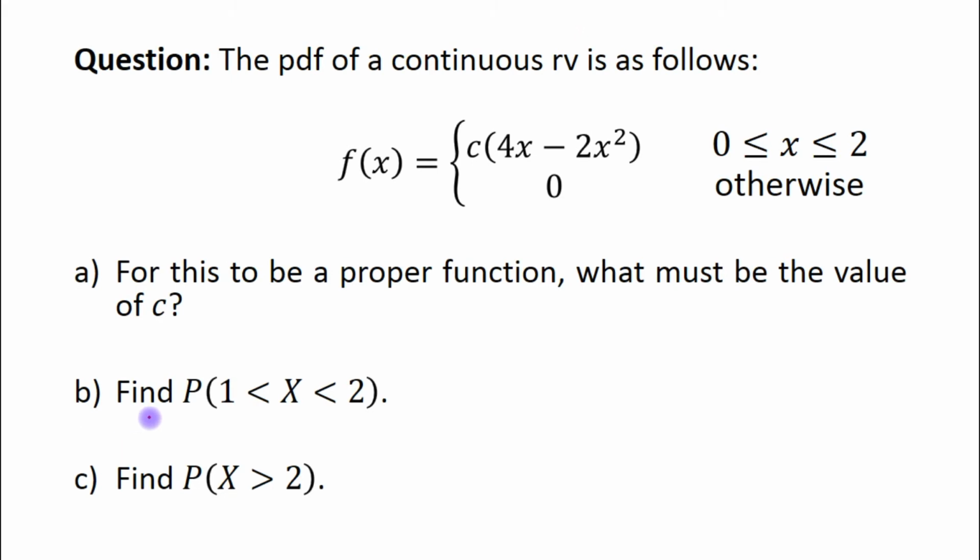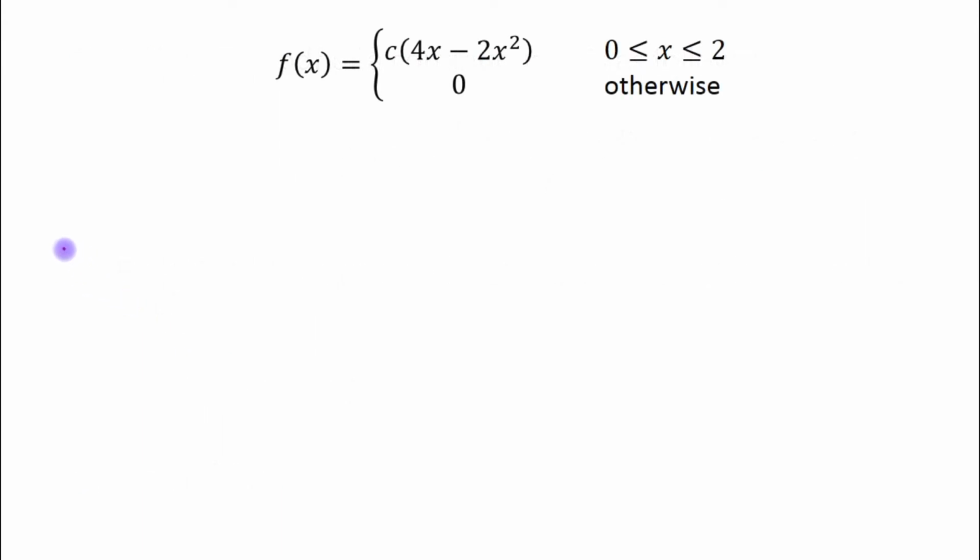B part: find the probability that X lies between 1 and 2. So this is very simple. We need to find the probability of 1 less than X less than 2. It will be equal to the integration from 1 to 2; these will be the limits and this is the function.